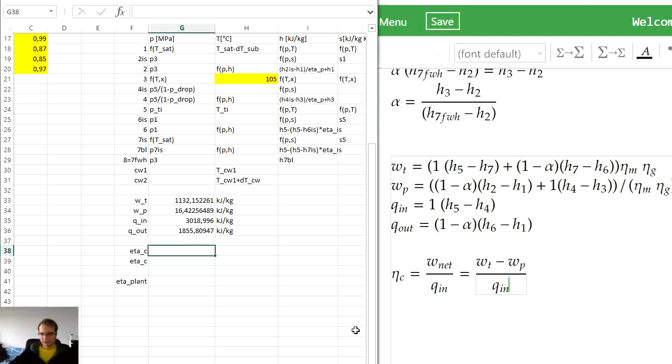So if we implement this, the efficiency of the cycle is work of the turbine minus work of the pumps divided by Q in.